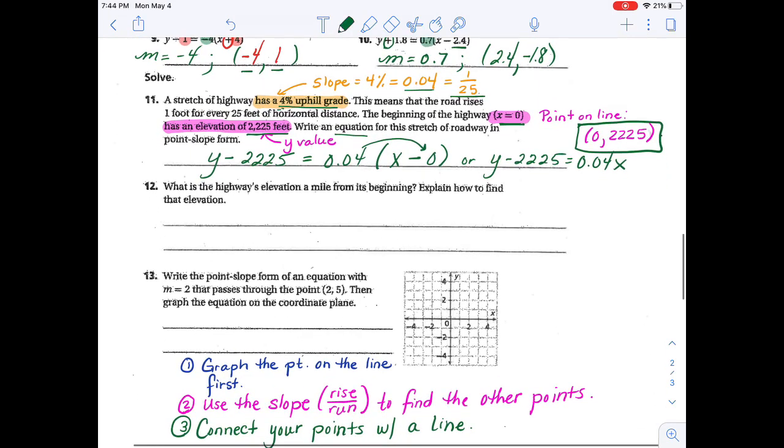So, what would be the highway's elevation a mile from its beginning? Well, my slope is 1/25. How many feet are actually in a mile? That's right, 5,280 feet. That is 1 mile. But the slope is 1/25. So 1 out of every 25, so let's divide that by 25. And when you do that, that should give you 211.2.